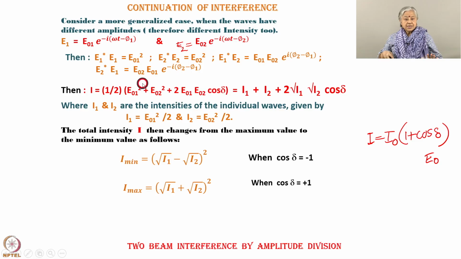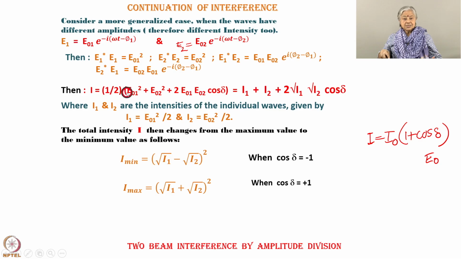If I write E01 square as I1 and E02 square as I2, that is, the initial intensities of the two beams of light, then I equals I1 plus I2 plus 2 root I1 root I2 cos delta, because E01 square is I1, so E01 is root of I1.